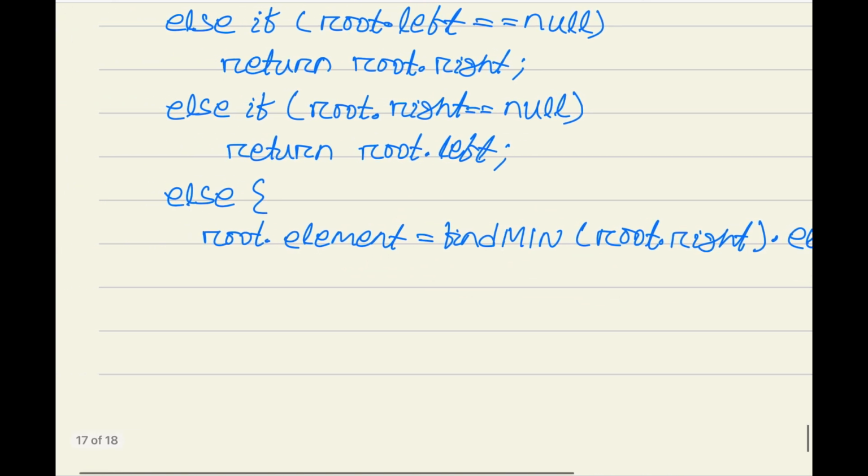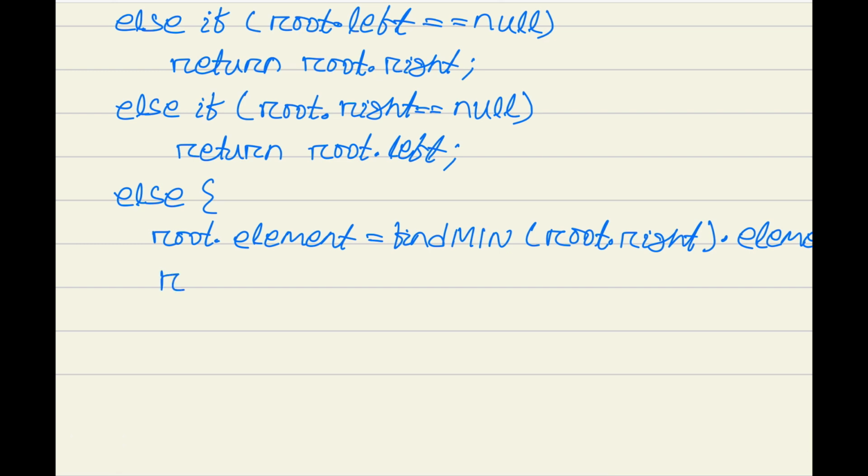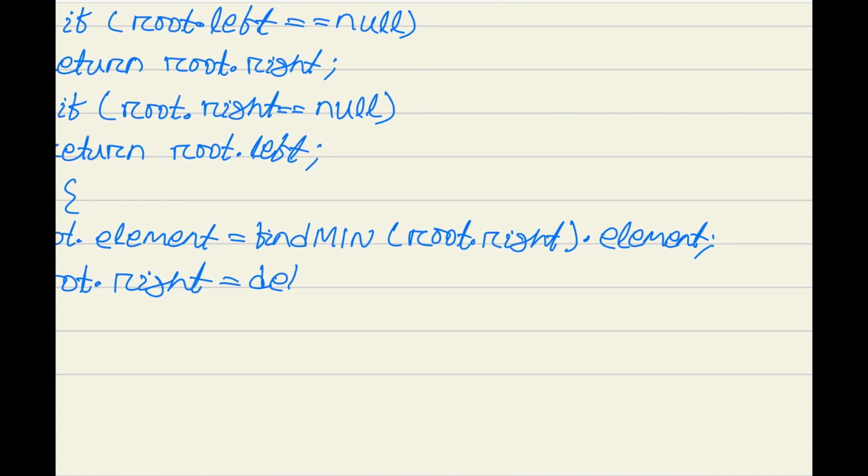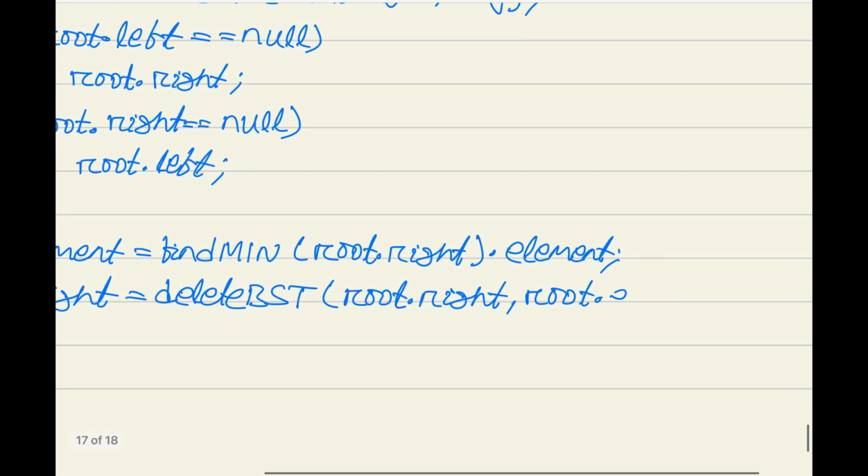So for that we can write root dot right equal to delete BST root dot right comma root dot element, because root dot element contains the minimum value from the right subtree.